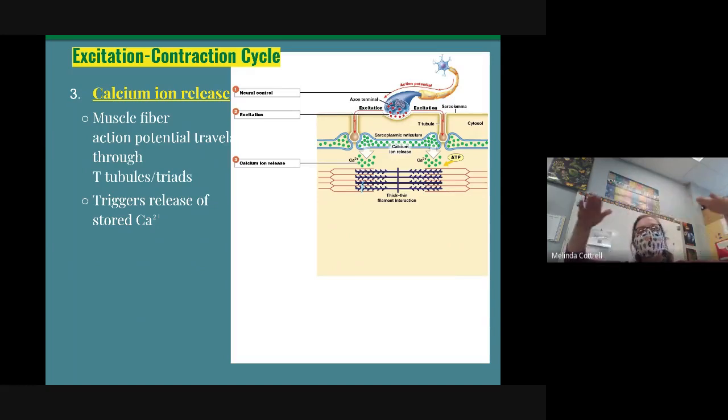Since the T tubules are continuous with the sarcolemma, the action potential is going to travel down the T tubules till it hits the sarcoplasmic reticulum, and that's where calcium ion is stored. So calcium pumps are going to start releasing calcium. Calcium is then going to play a role in the sarcomere contraction, and that's the next step.